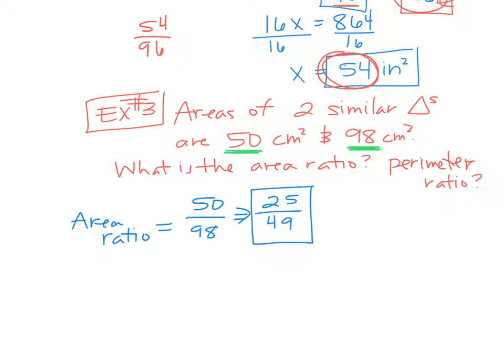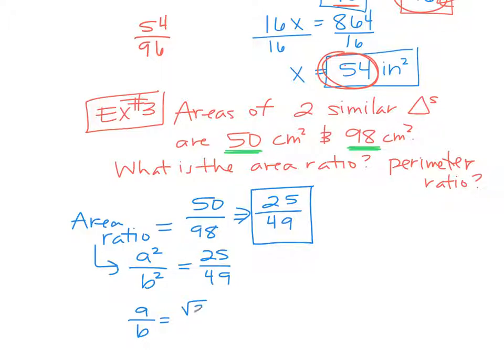That's it. Okay, but think about what an area ratio is. An area ratio is your a squared over b squared. So right now, a squared over b squared is 25 over 49. So what can I do to that to make it a over b? Right, you got to square root them, because if it's been squared, now we have to square root.